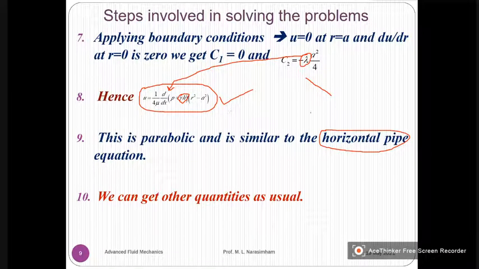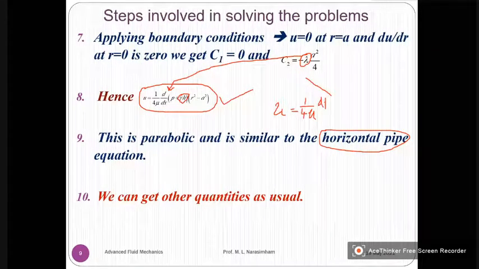So for a horizontal pipe, you will simply get u is equal to 1 by 4 mu dP by dx into r square minus a square.